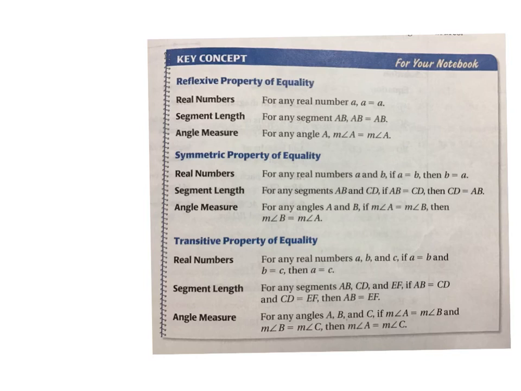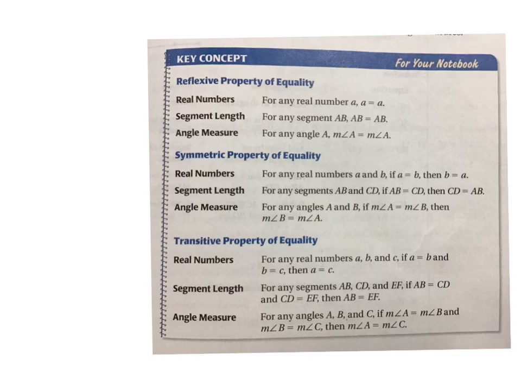You have the reflexive property, the symmetric property, and the transitive property. You have used these, you just may not have known or remembered what they were called. Reflexive, think of that as saying it's true because it's itself. Like if you said 12 equals 12, well, 12 equals 12 because it's reflexive.